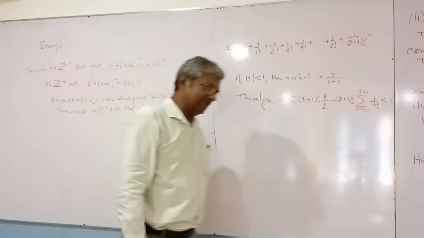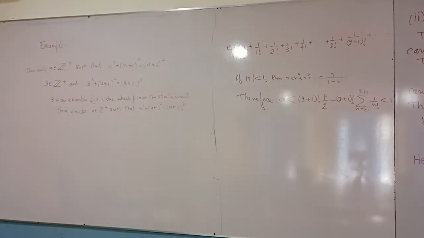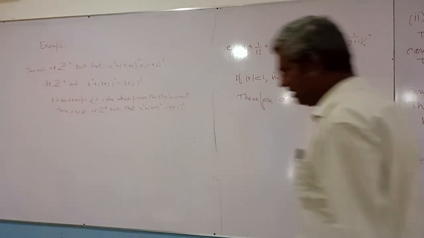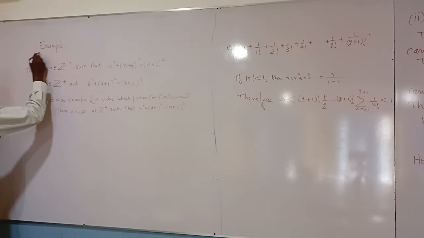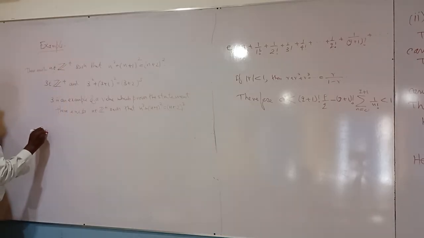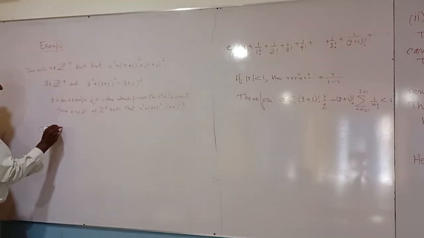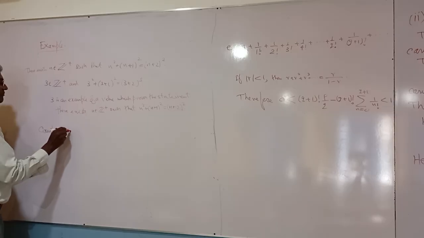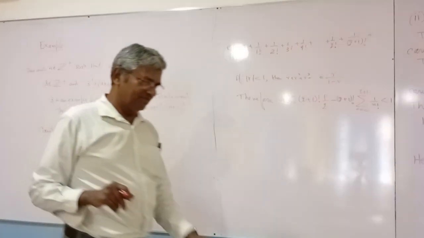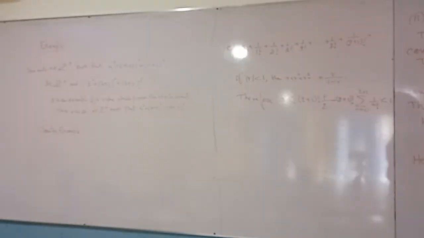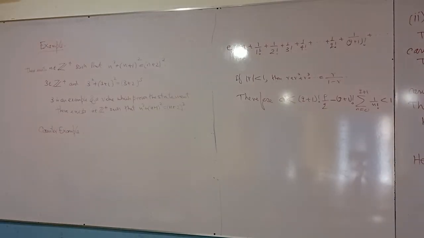So example is a value which proves an existential statement. That's the meaning of an example in maths. Then counterexample. A counterexample is a value which disproves a universal statement.